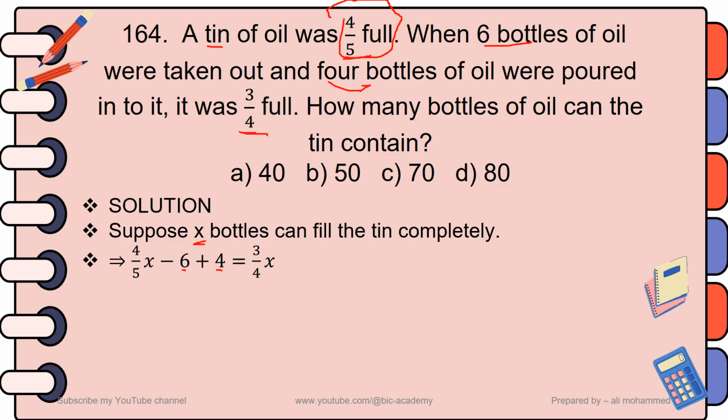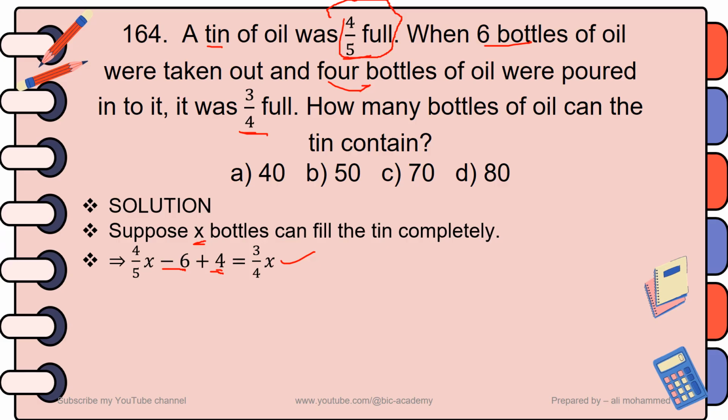Then, having subtracted 6 bottles and added 4 bottles to the 4/5 amount of oil that is filled in the tin, the remaining amount is 3/4 of X. That means the tin becomes 3/4 full.